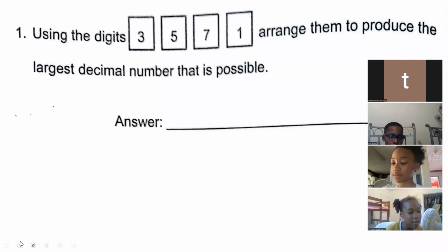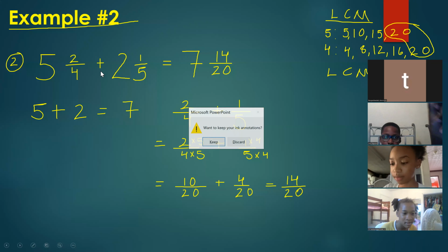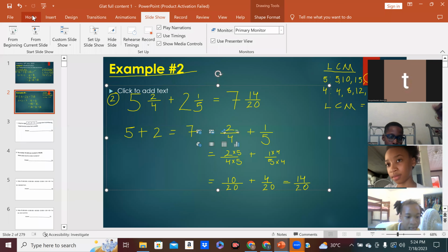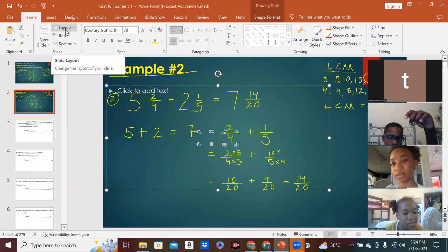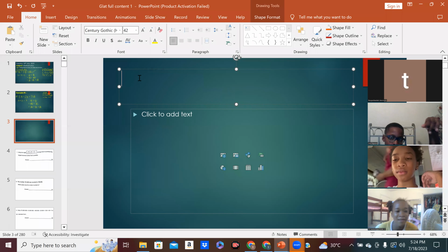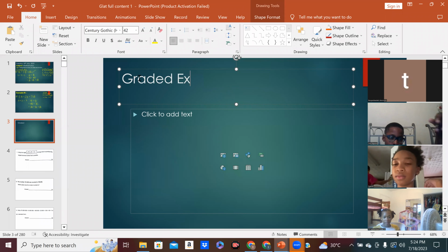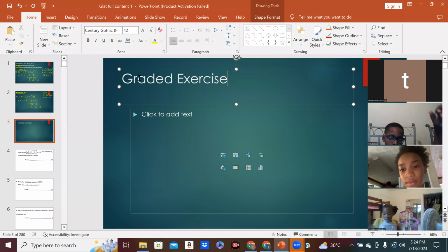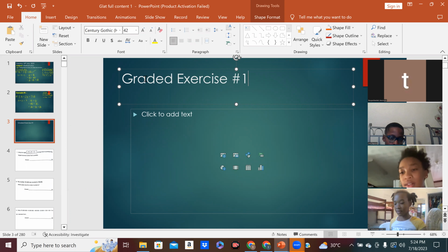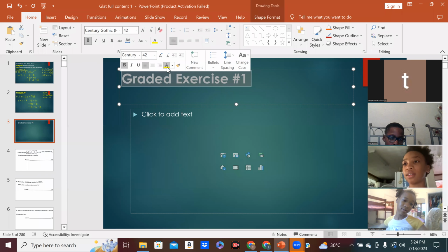I thought this was the graded exercise. That's just an example. It clearly says example on top. I don't give you one graded exercise. Can I write my grade on the next page, please? Yeah, that's fine.